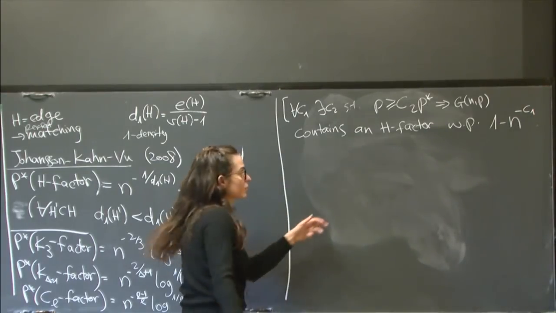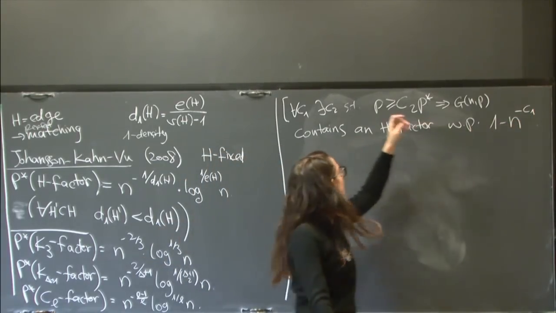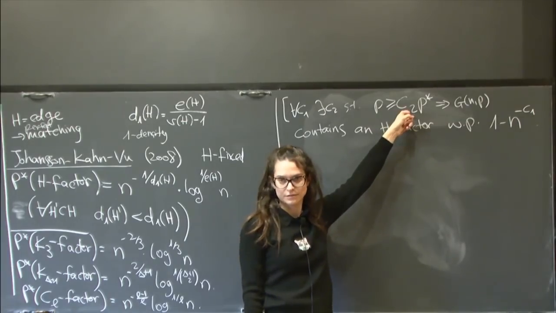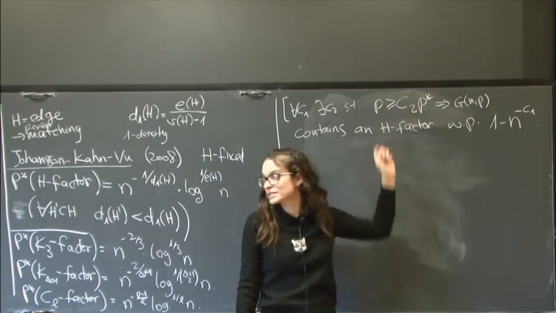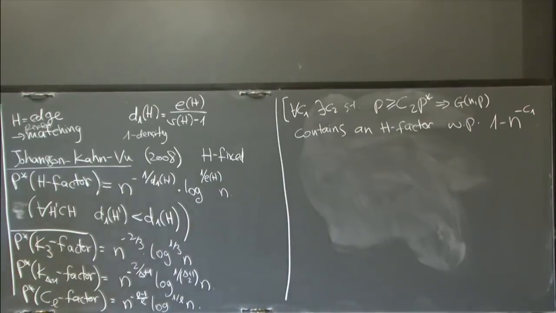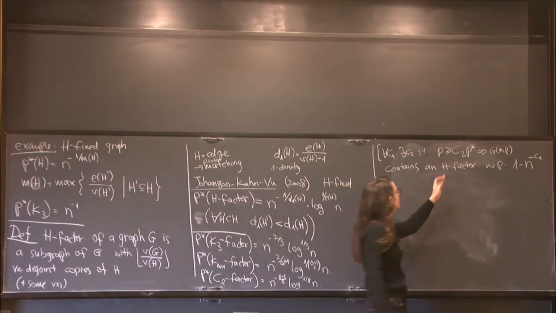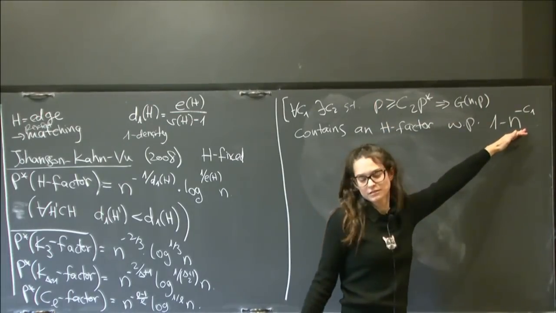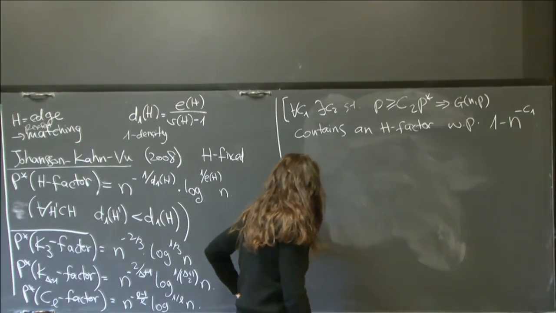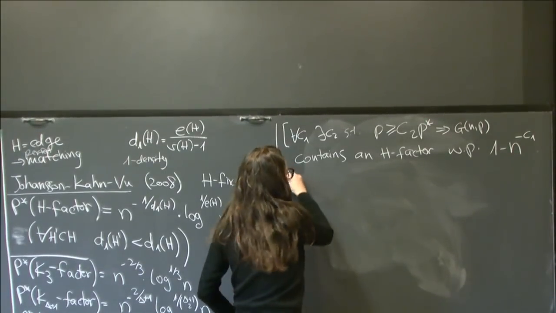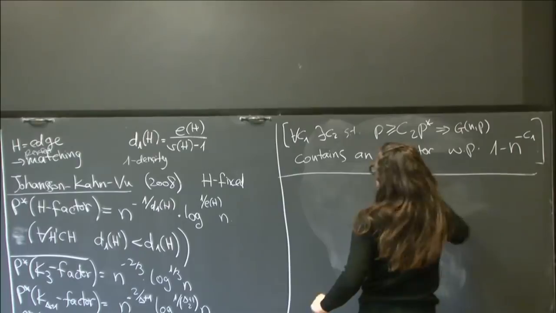So if we want to get closer to 1 in the probability, we pay by the constant here. And if we don't care about the constant, if we just want to be omega, then we can get as close as we want, polynomially. So this was just a remark.